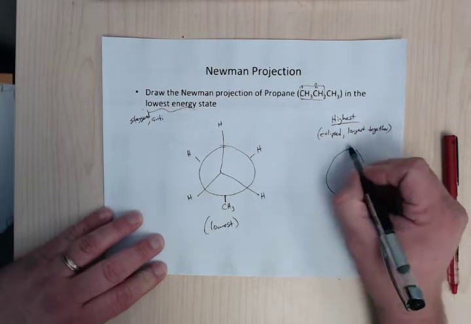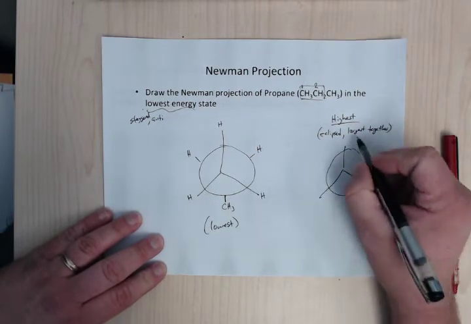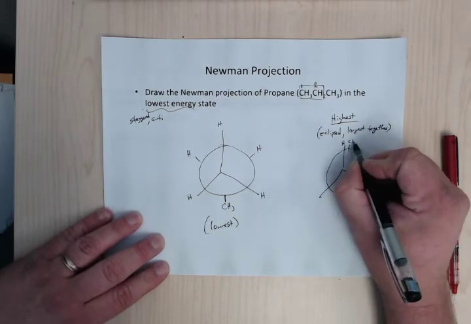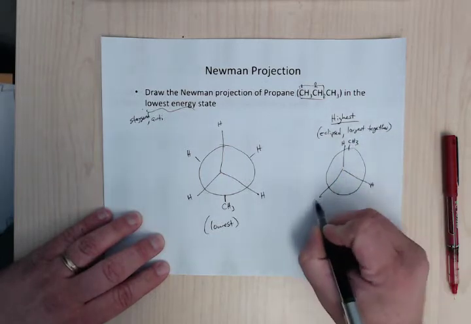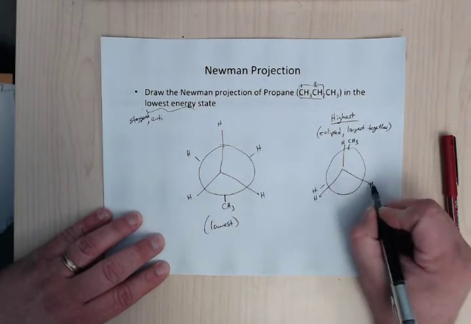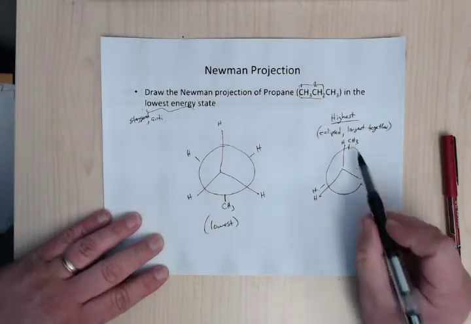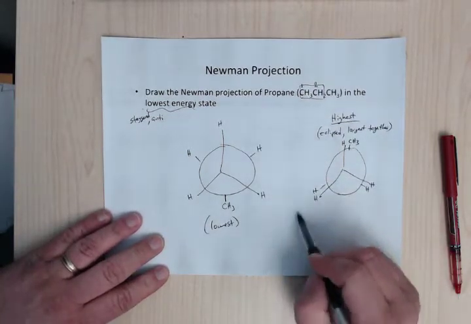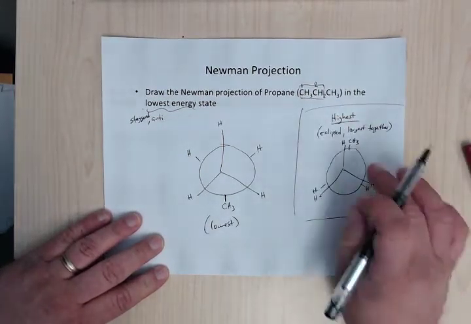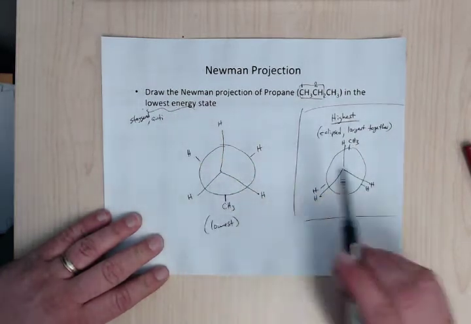So the highest, if I asked you about this, would be an H, and it's like CH3. It doesn't really matter which H you go on, right? Like that. So this would be the highest if I had asked you about that. But this one I asked you for the lowest, so it needs to be staggered.